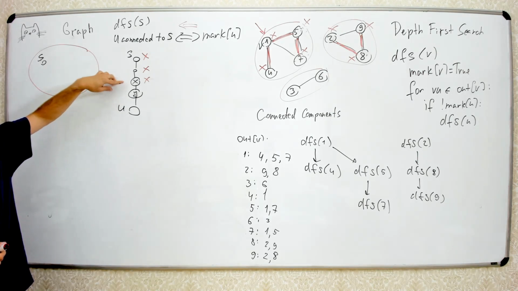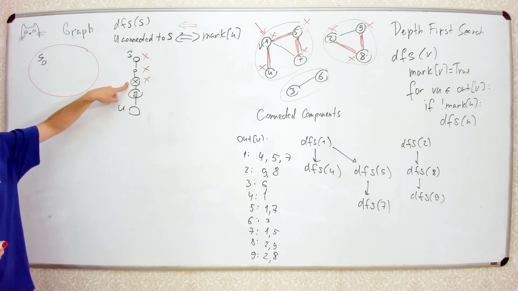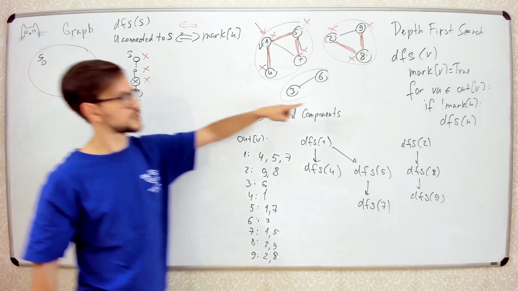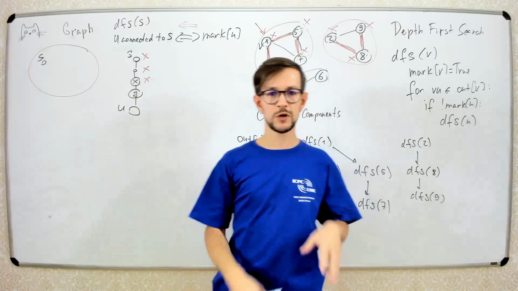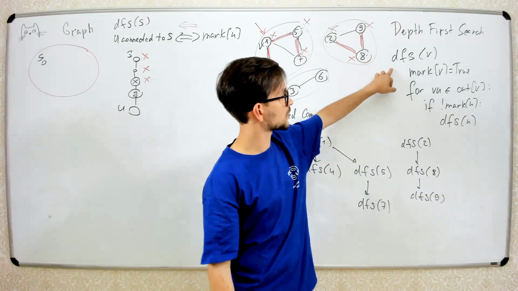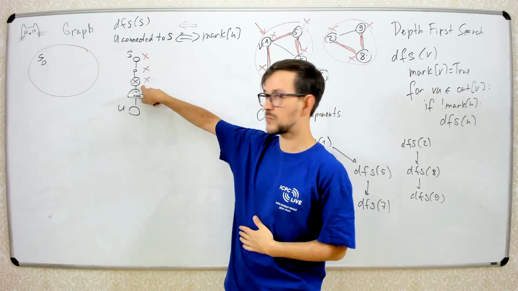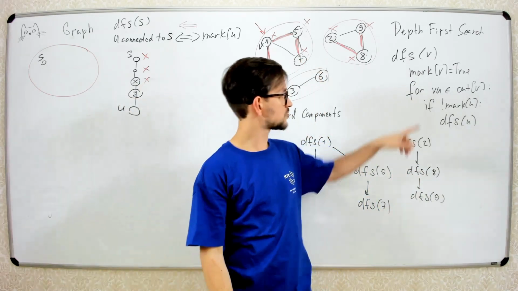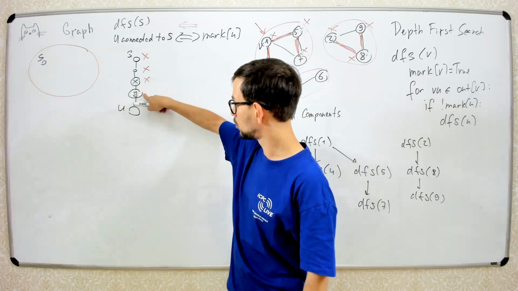Now, let's see why this happens. That's kind of strange, because if we mark node X, it means we at some point ran this recursive procedure from node X. But when we run this recursive procedure from node X, we iterate through all edges connected to node X. So we actually look at this edge.